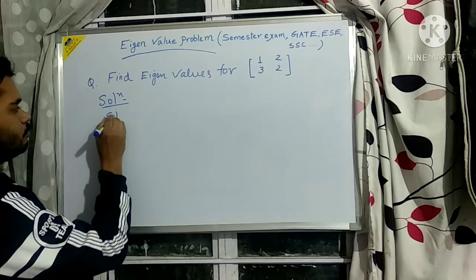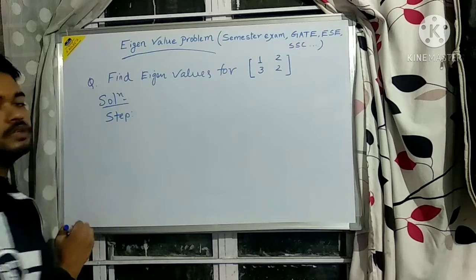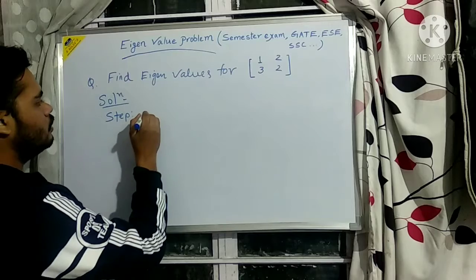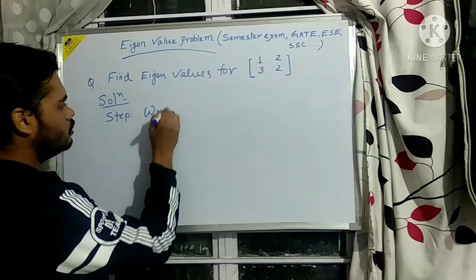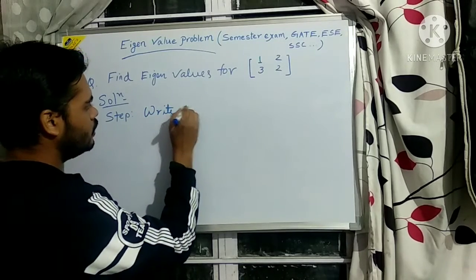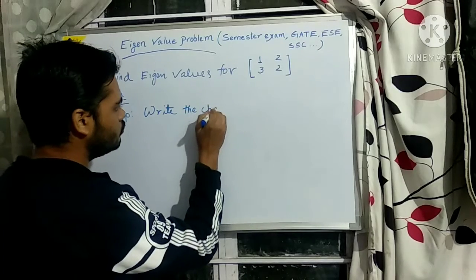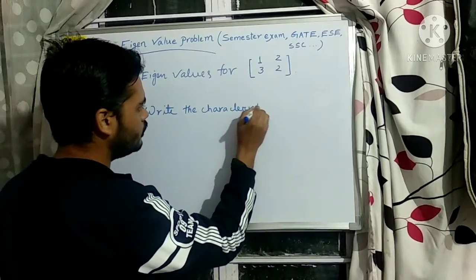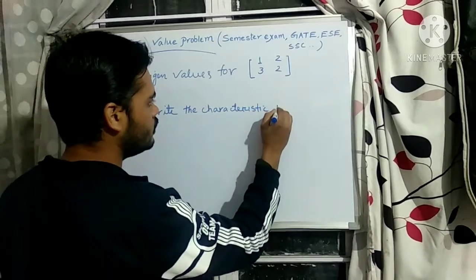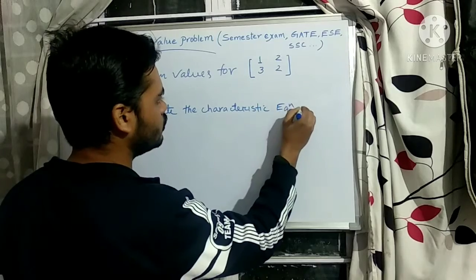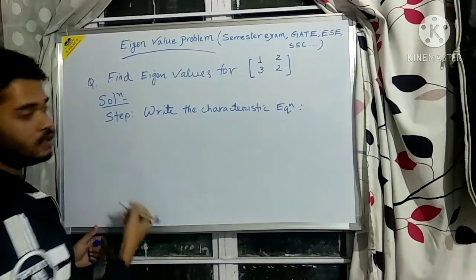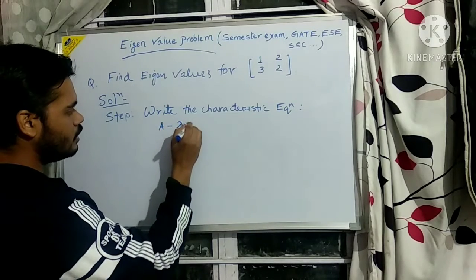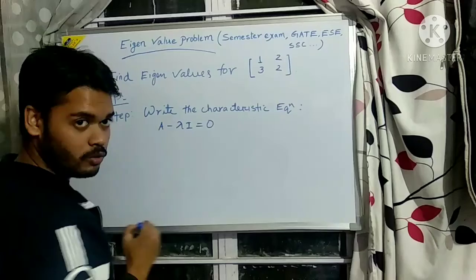Step number 1. In step 1, what will we do? Write the characteristic equation. The characteristic equation is given by determinant of A minus lambda I is equal to 0.